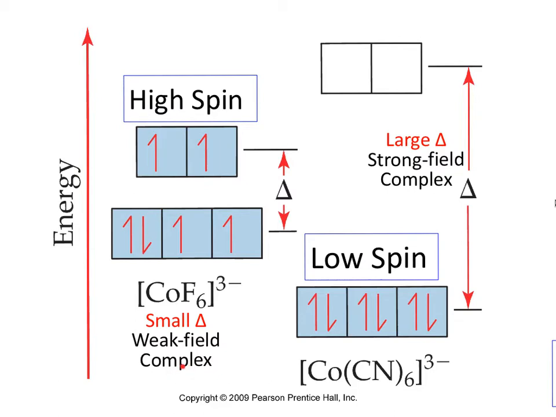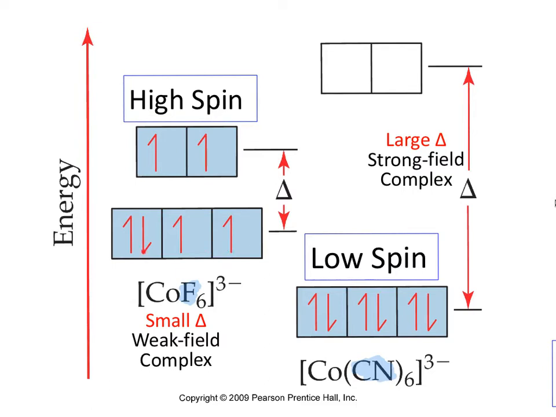And how do we determine if it's a weak field complex, or, as we see over here, a strong field complex? We look at the ligand. Our ligand here is fluoro versus the ligand here, cyano, and we'll talk about that in a minute. So again, a small crystal field splitting energy, we first put the electrons down low, which is the same as Chem 101 and 60.